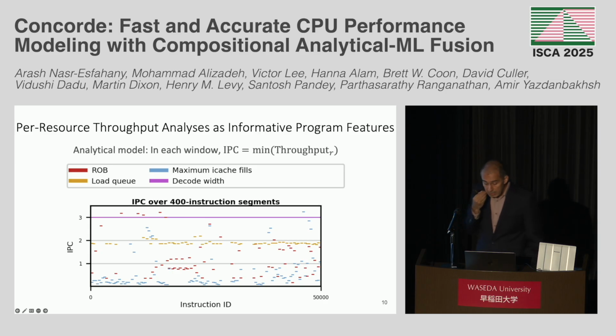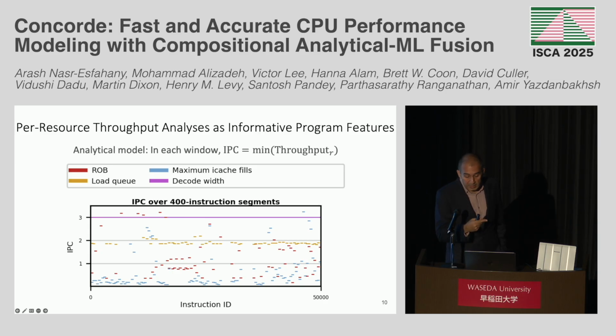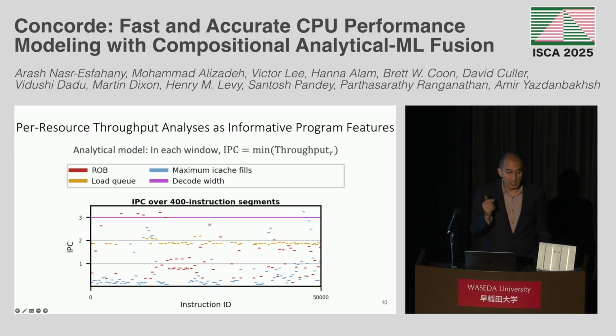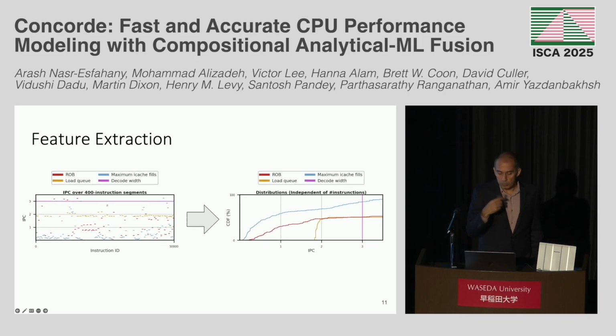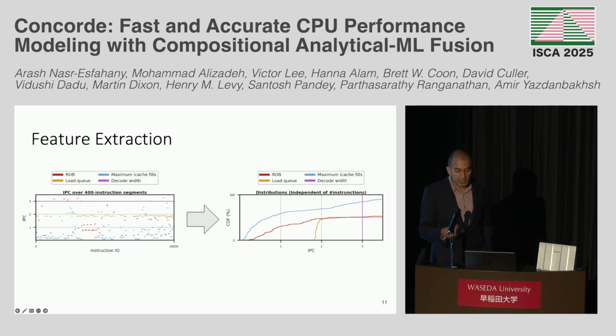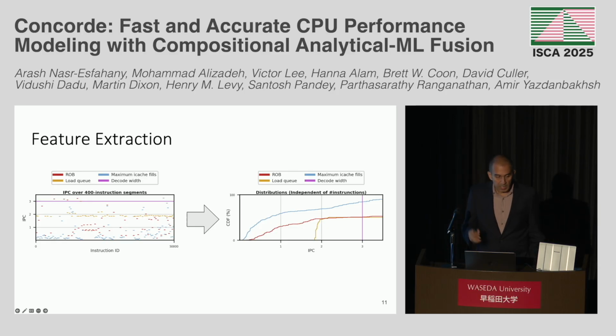That said, they are still complex time series, as you can see, and their size scales with the number of instructions. This is not what we want. What we want is to design a model whose runtime is independent of the number of instructions. So to make the performance features independent of instruction count, we take the per-resource time series and convert them to a distribution.